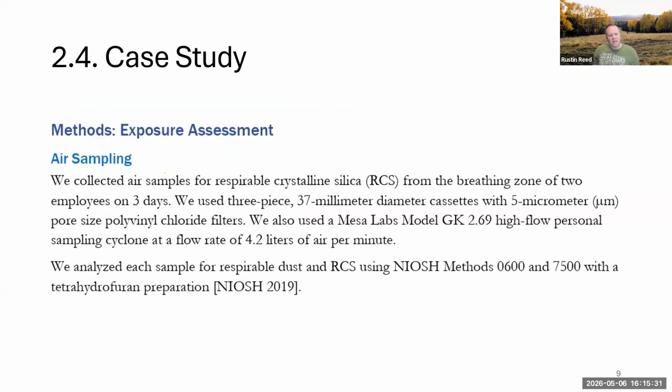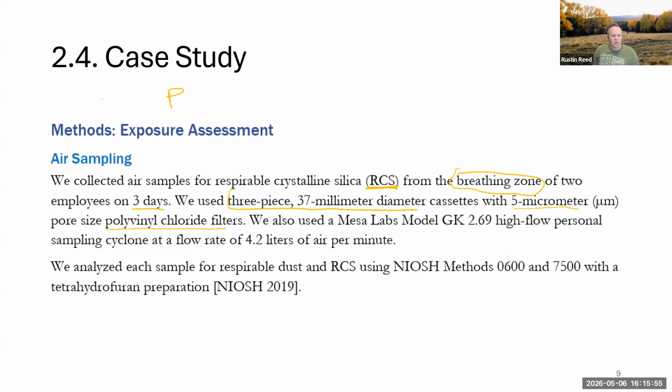They say we collected air samples for RCS from the breathing zone. So that is near the worker's mouth and nose of 2 employees on 3 days. We used a 3-piece 37 millimeter cassette with 5-micron pore size and polyvinyl chloride filter.